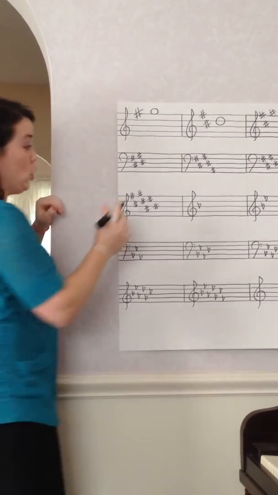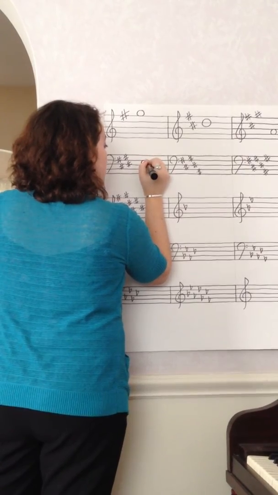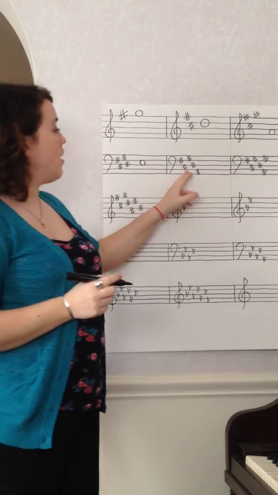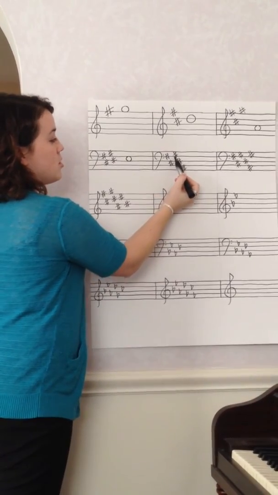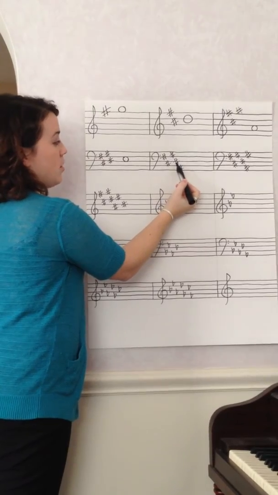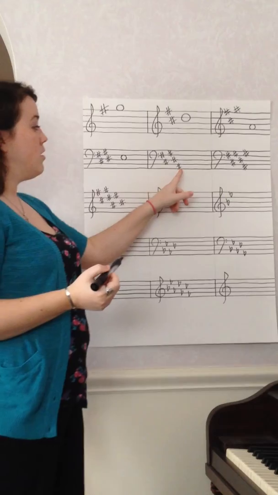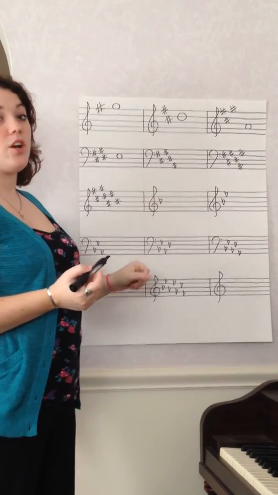E? E. Good. So this is our E major key signature. Okay? Now, moving on, we keep our F sharp, our C sharp, G sharp, and D sharp, but we add an A sharp. Okay?